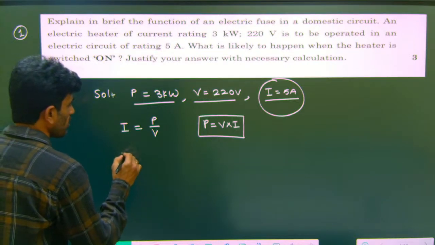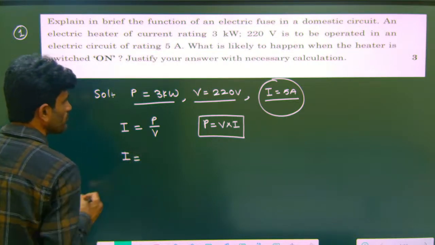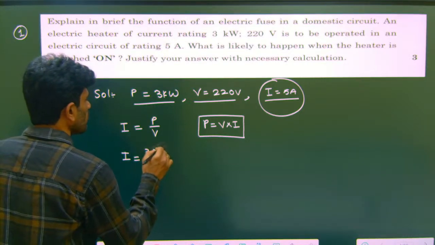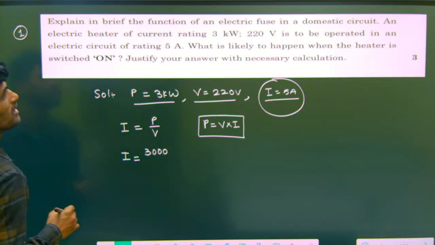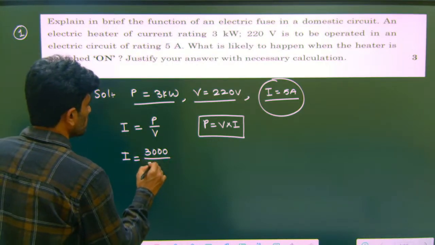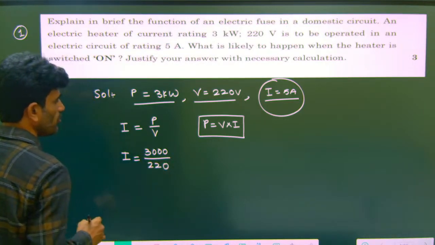So here I is equal to 3000 watt, because 3 kilowatt is 3000 watt, by 220 volt. And what happens here?